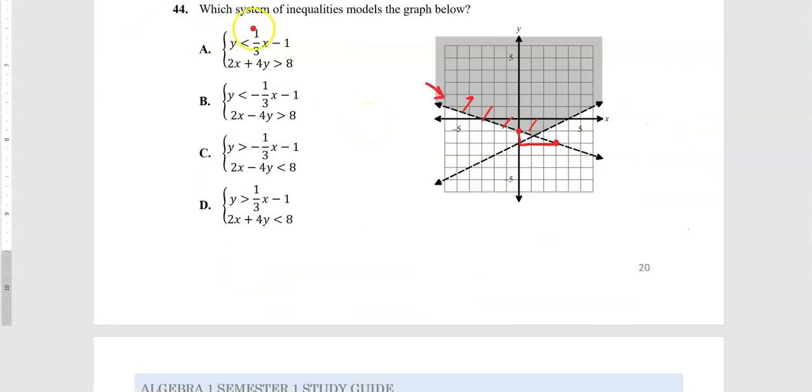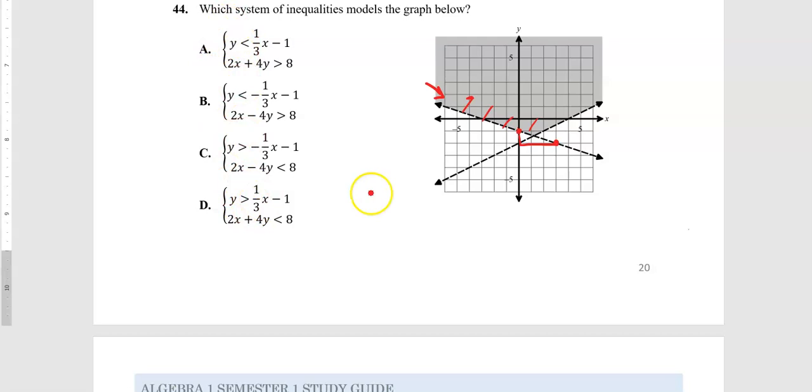All right, 44. We have a system of inequalities here, and we need to figure out which of these systems models this graph. First we took a look at one of the graphs that's going on there. You can see that they're all kind of the same formula. It's just slightly different. Some have positive slopes, some have negative slopes, some are less than, some are greater than.